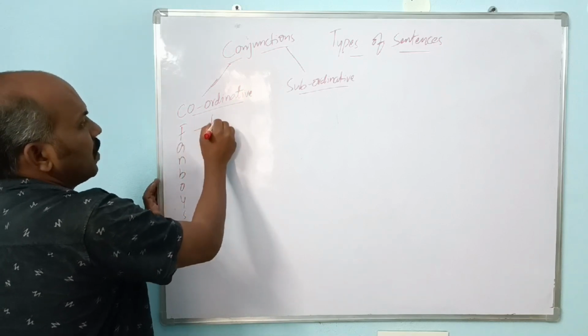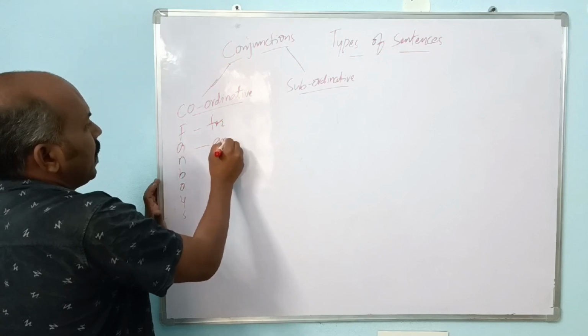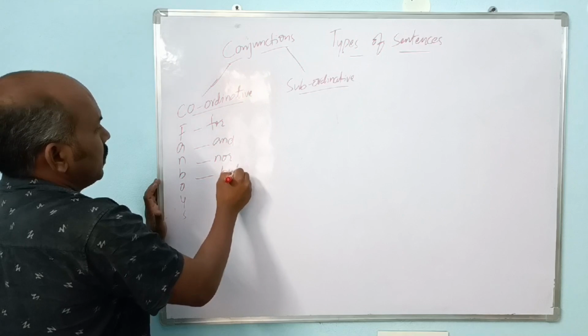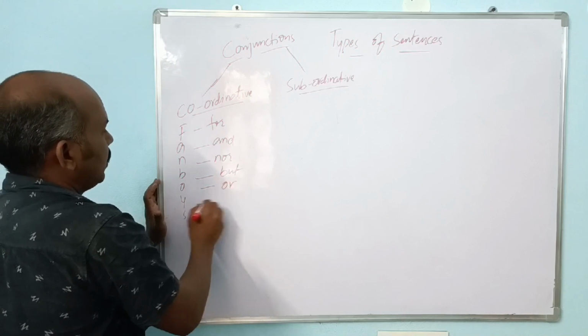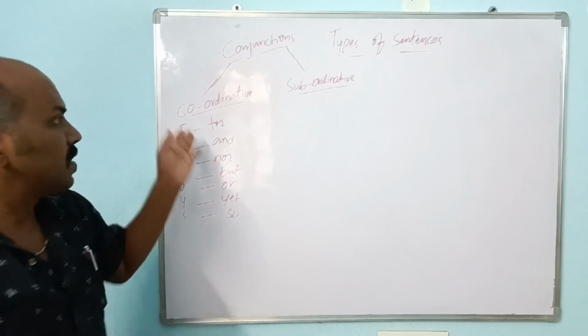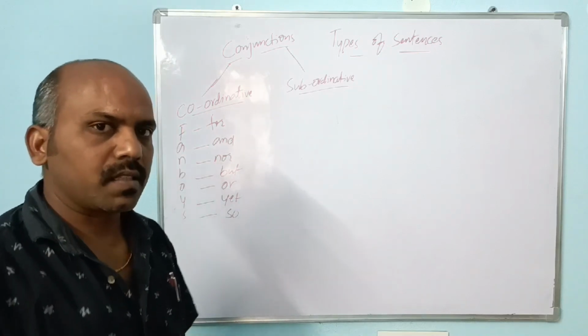F stands for for, A and, N nor, B but, O or, Y yet, S so. So these are coordinative conjunctions.